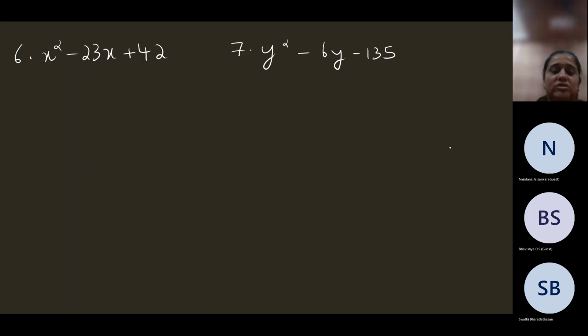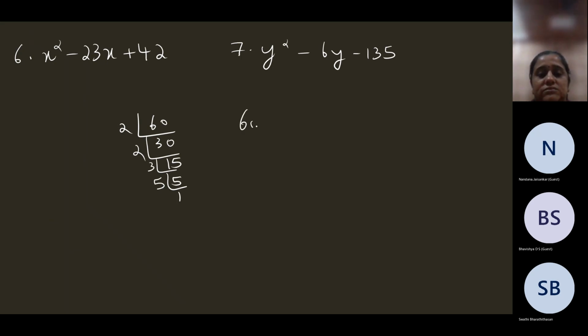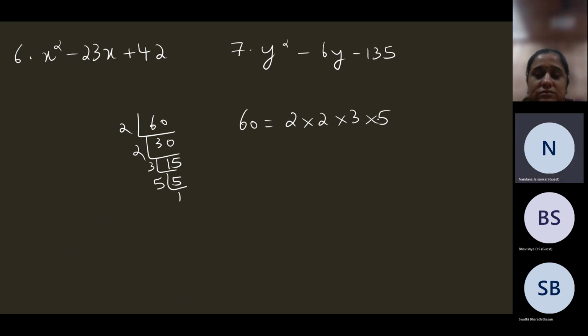Did you do this, Nandana? 60, 2 30 times, 2 15 times, 3 5s. Where are you? I'm doing 1 minute, ma'am. This method will give you easily, you know.